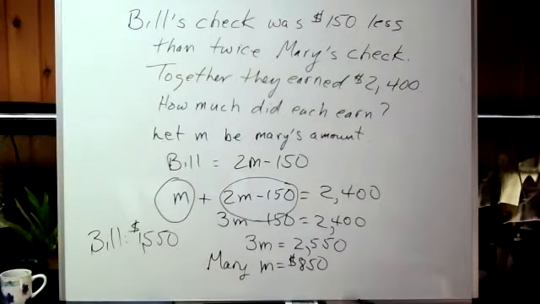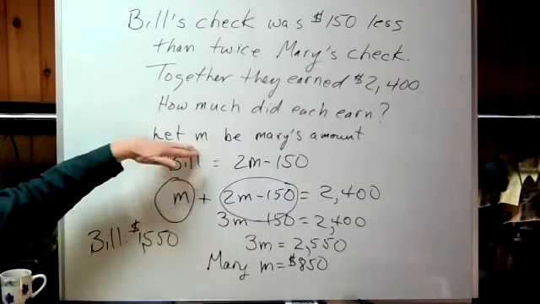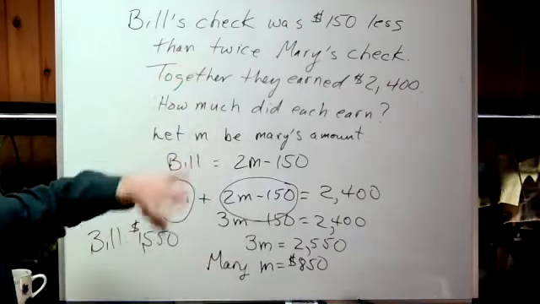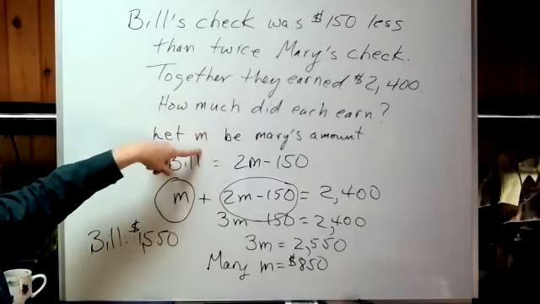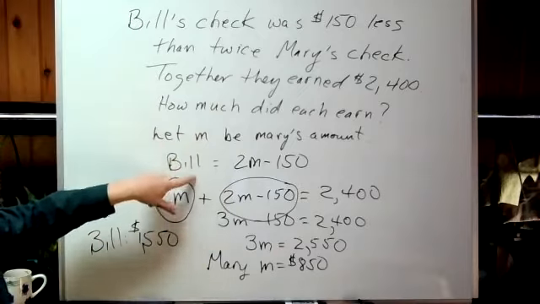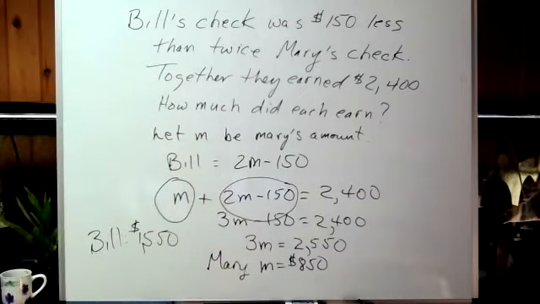I tried to make up a problem not too unusual, but about as complicated as those real verbal problems get. I had to come up with two different expressions and figure out what you could relate it all to, and it was all based on Mary's income. So I had to describe Bill in terms of Mary, and then, like you say, added them together.